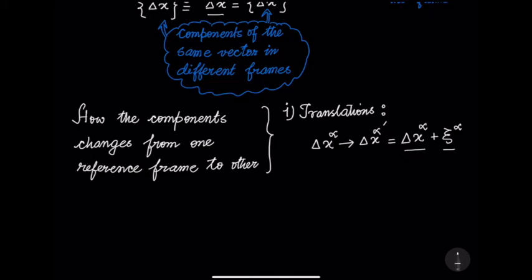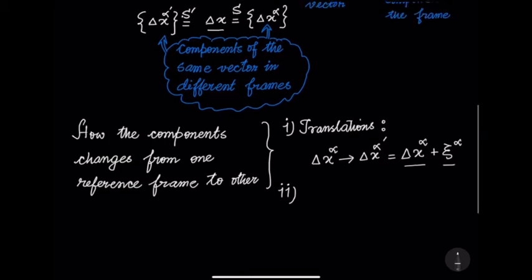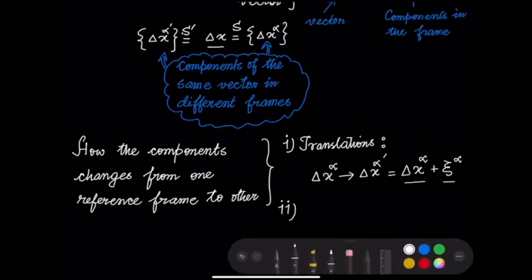So what are the other types of thing that one can do? Well, if you think of it geometrically, let's say that we have only two axes, x and y. I can translate and I can rotate.